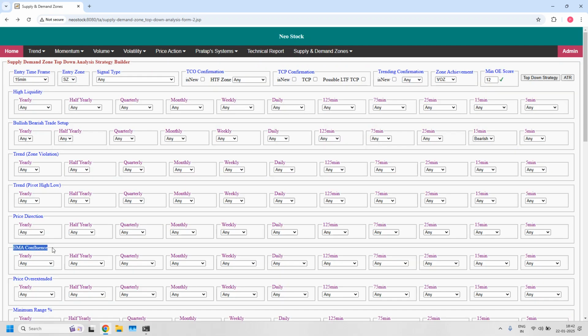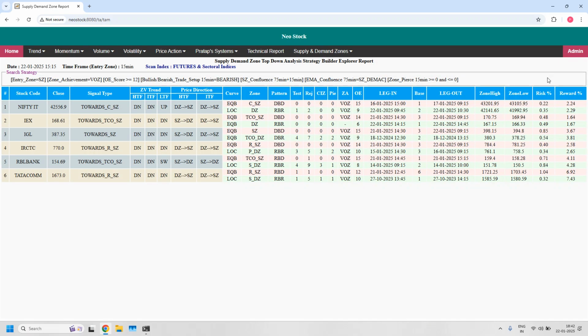In the EMA confluence at 75 minutes time frame. Why 75? Because the 15 minutes supply zone is part of the 75 minute supply zone, overlapped. So that's why we are selecting the 75 minute supply zone having daily EMA confluence. With this filter, we got 6 stocks. So these 6 stocks are even more high probability trade setup supported stocks.